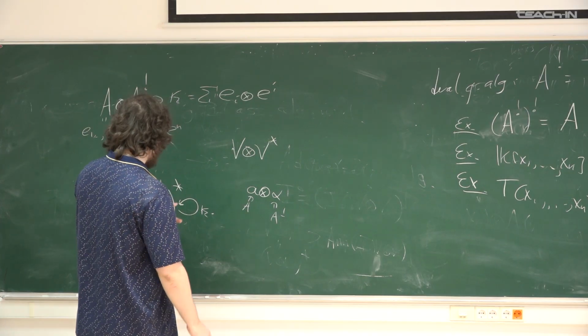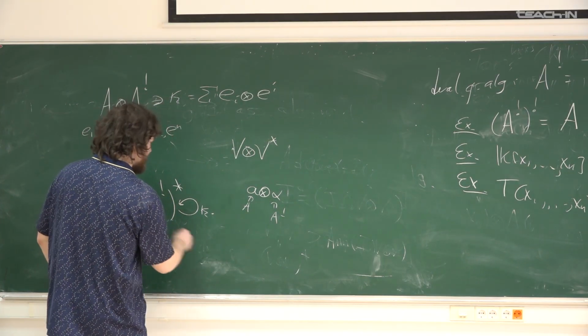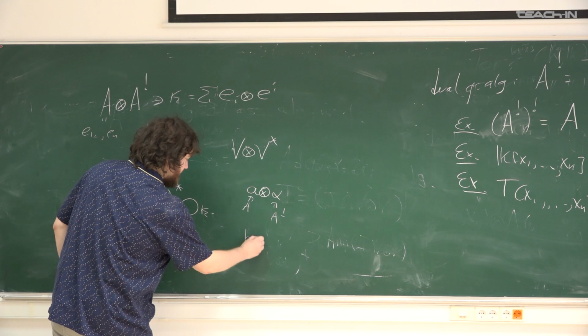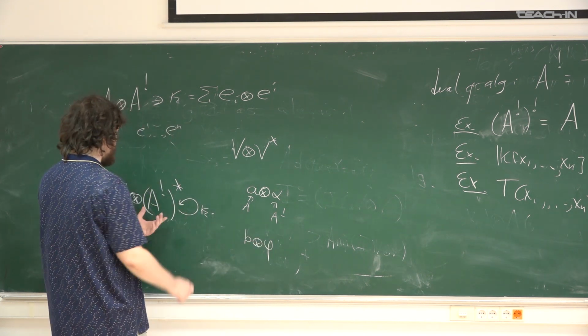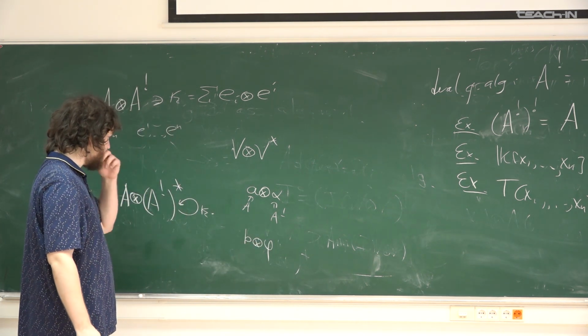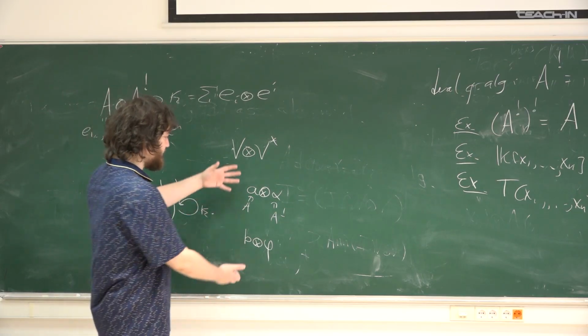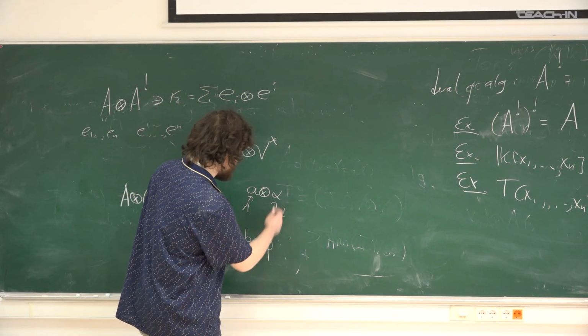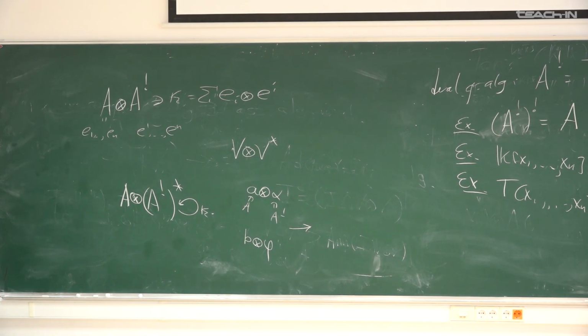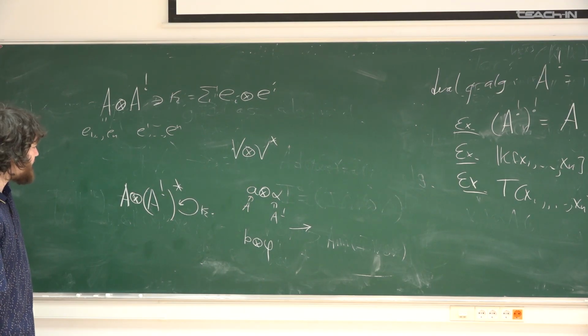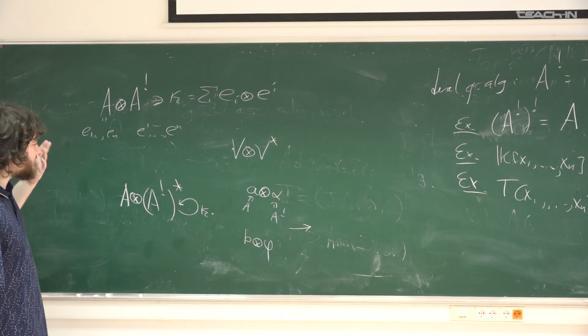And if you have an element b tensor phi, where phi is a functional on the dual algebra, then of course you can multiply them. In fact, I think it's more or less clear how the Casimir element acts, or it's not clear.